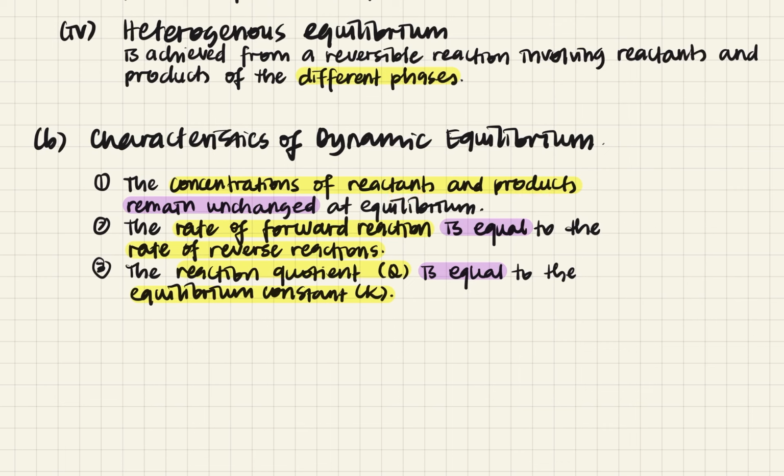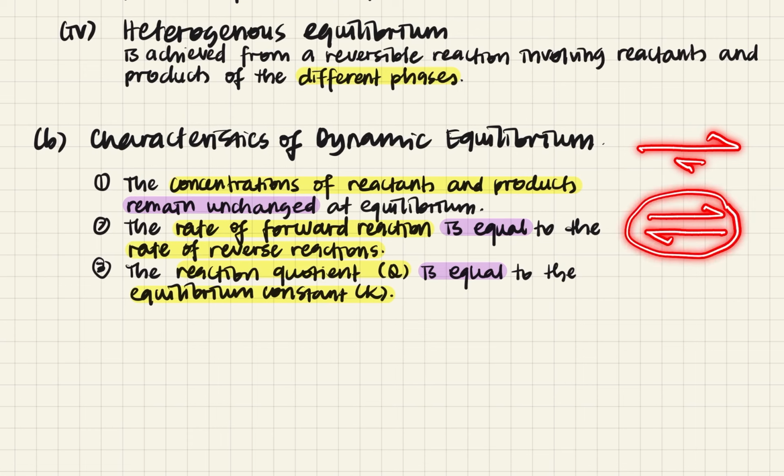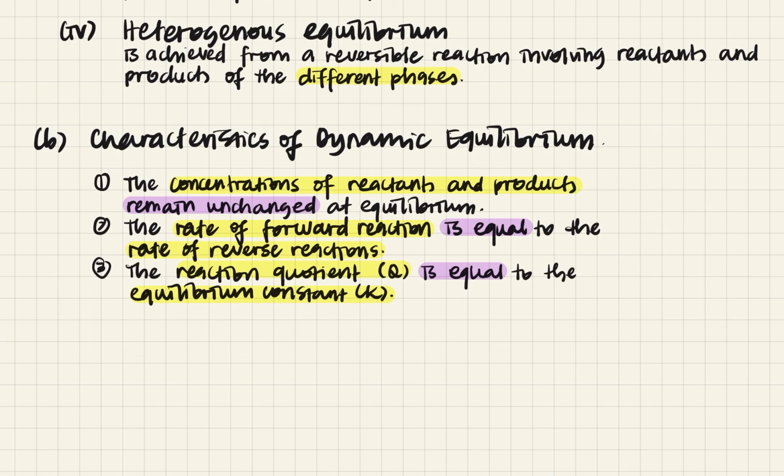Okay, maksudnya dia dah jadi constant saja at equilibrium, and then the rate of forward reaction is equal to the rate of reverse reaction. Bukannya macam ni kan, ini maksudnya dia belum achieve dynamic equilibrium. Ini dia dah achieve. Alright, rate dia forward dengan reverse sama je, sama laju. Next is reaction quotient. Q is equal to your K.